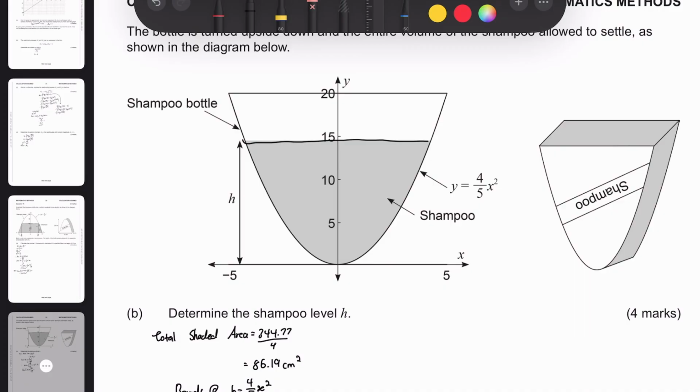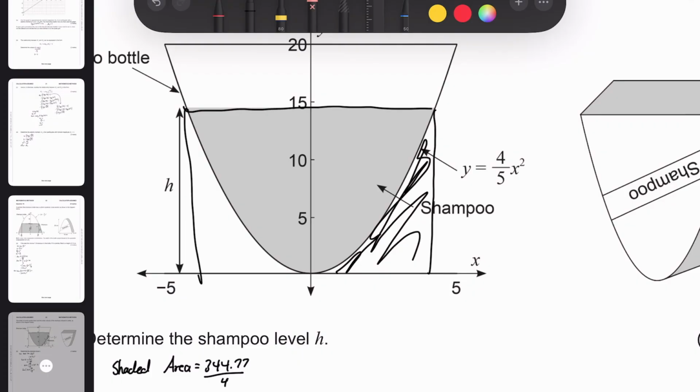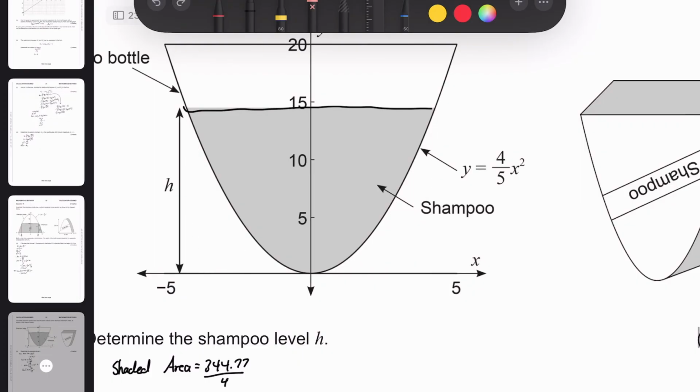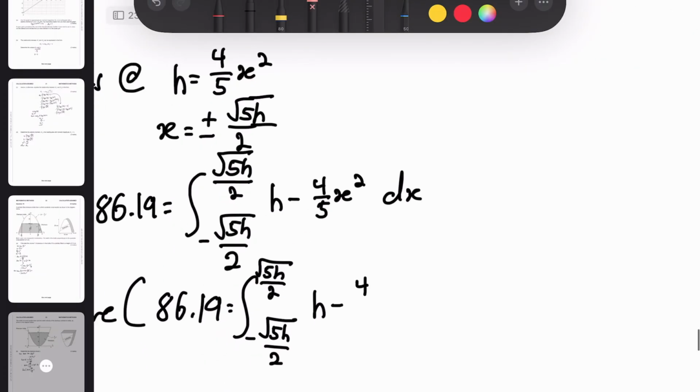Wait a minute, is it just minus that? Yes, because h will give us that rectangle. Then the integral of the 4 divided by 5x squared will give us this, and this as well. Will give us that area, which will leave us with the remaining area that we want. So h minus 4 on 5x squared dx.